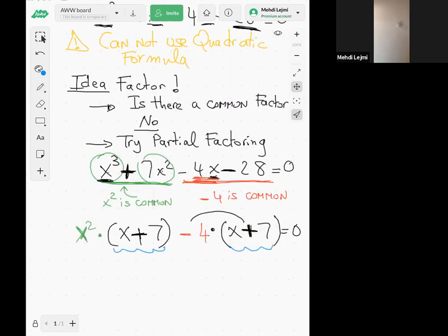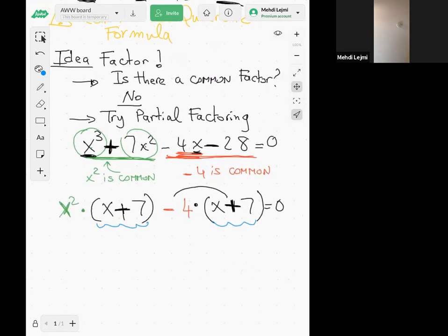So I can factor out this x plus 7. Here's my x plus 7 times, and if you factor out x plus 7, then you're left with x squared here. So here's my x squared, and then you are left with -4 here. So here's my -4 equal to 0.